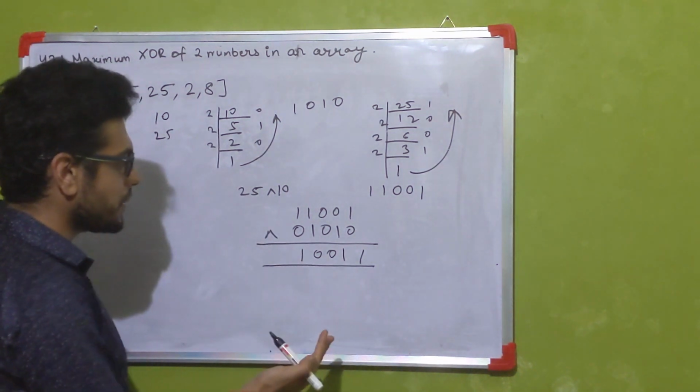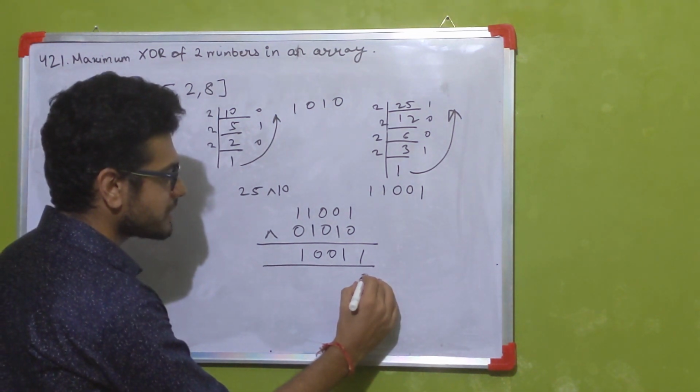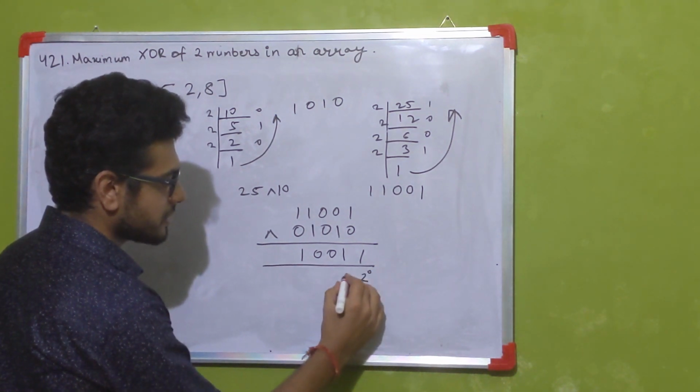How do we convert it back to decimal? We multiply each binary digit by its power of 2.